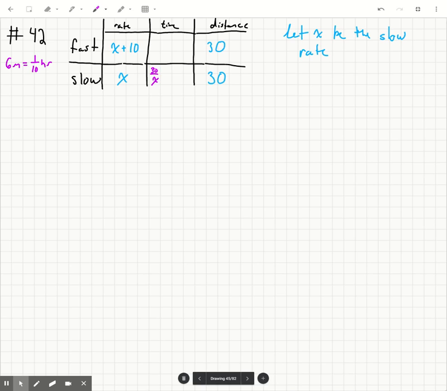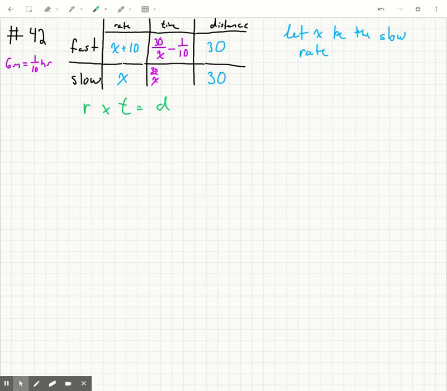But we know that it's 1/10 of an hour less time. So 30 over X is the time for the slow one, right? So for the fast speed, we're going to subtract 1/10 of an hour. That's 6 minutes, right?